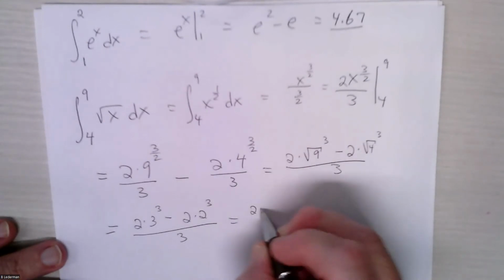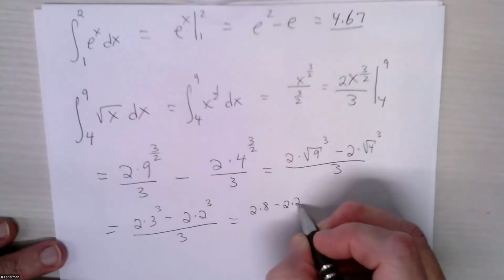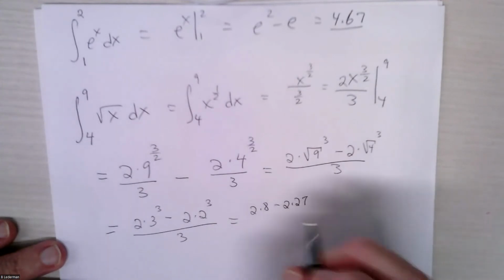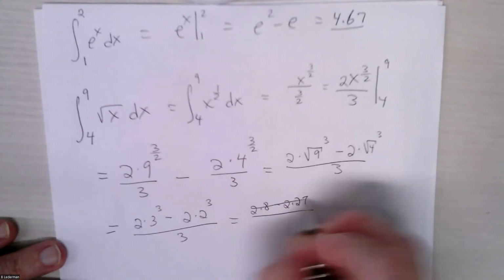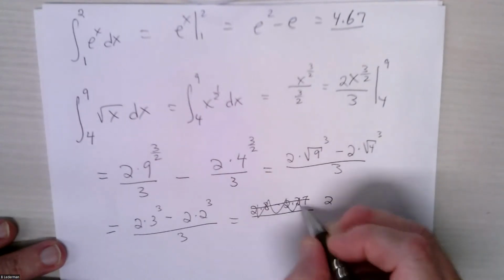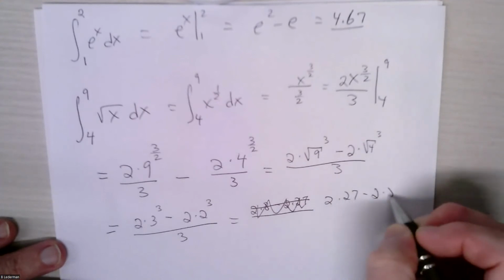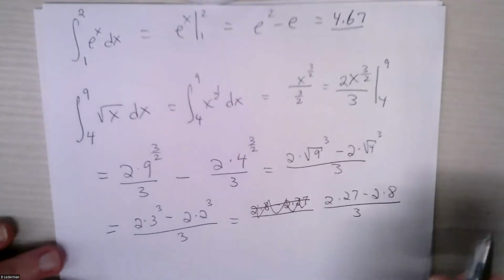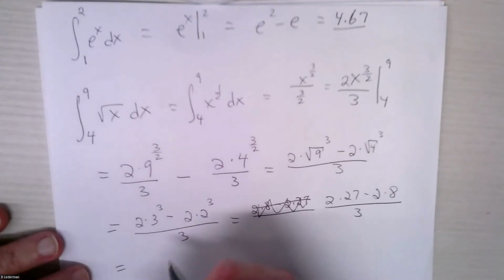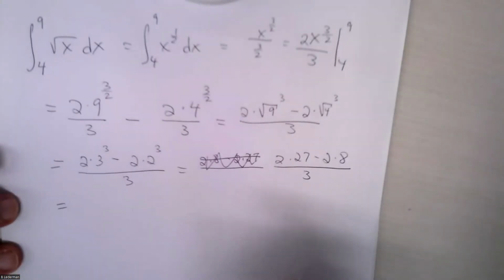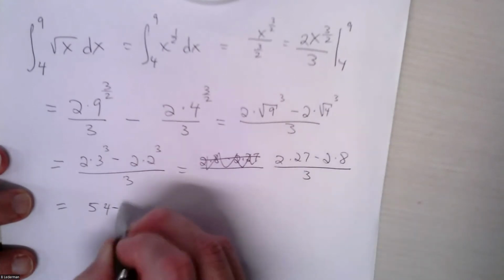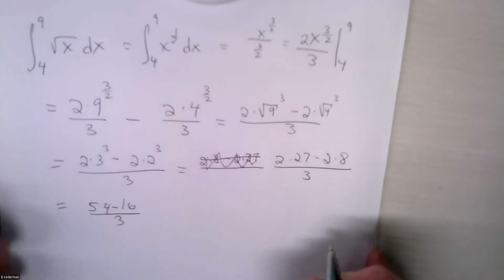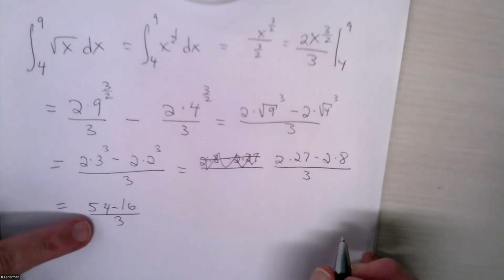So this is 2 times 8 minus 2 times 27 over, I'm sorry, what am I doing? It's backwards. 2 times 27 minus 2 times 8 over 3, which is equal to 54 minus 16 over 3, and that's 54, 44, 38.